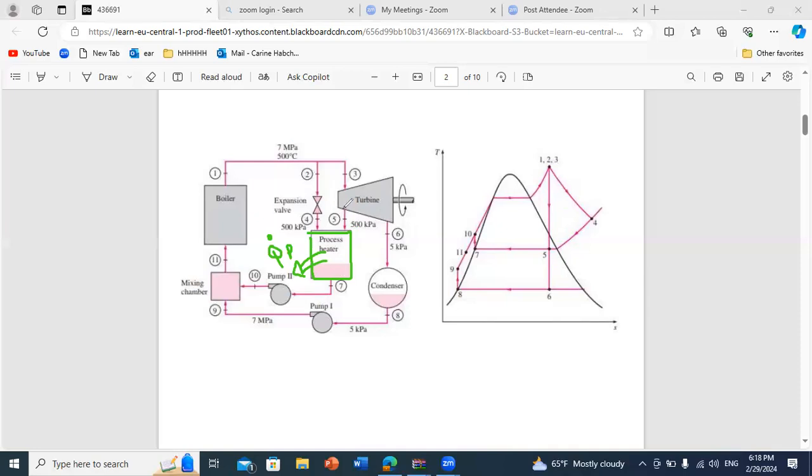So in order to determine how much heat we can extract at the process heater, we need to do the energy balance for the heater.